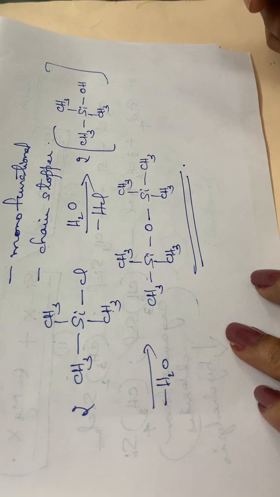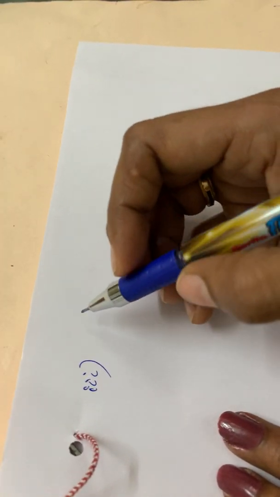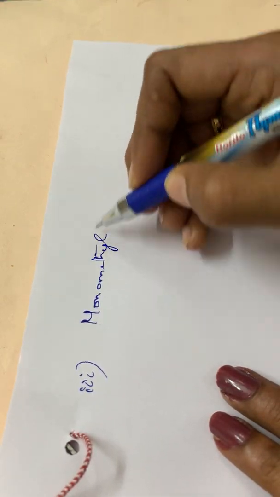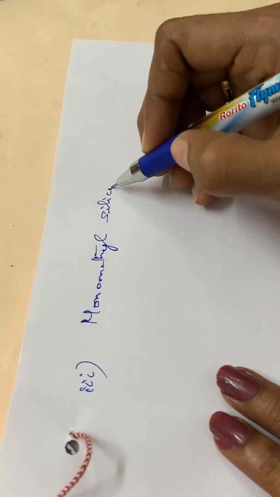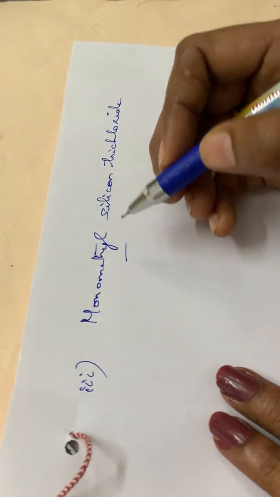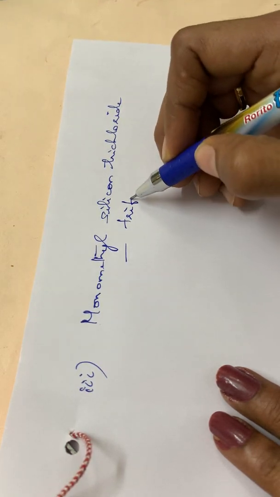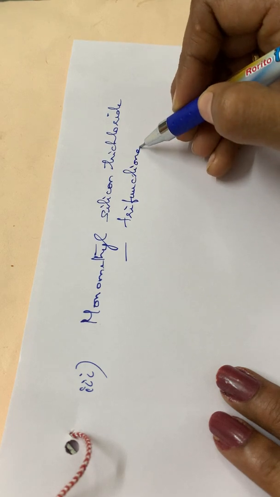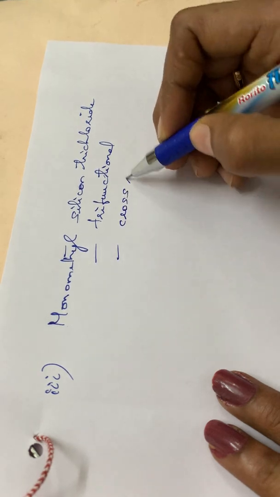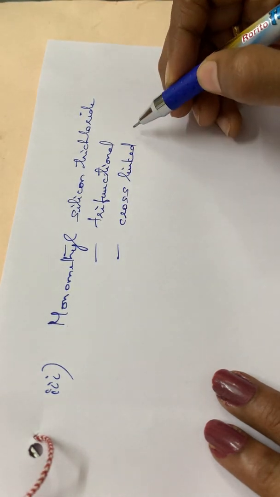Then one more, a cross-linked polymer, is monomethyl silicon trichloride. The third one is monomethyl silicon trichloride. It is trifunctional and it gives a cross-linked polymer.